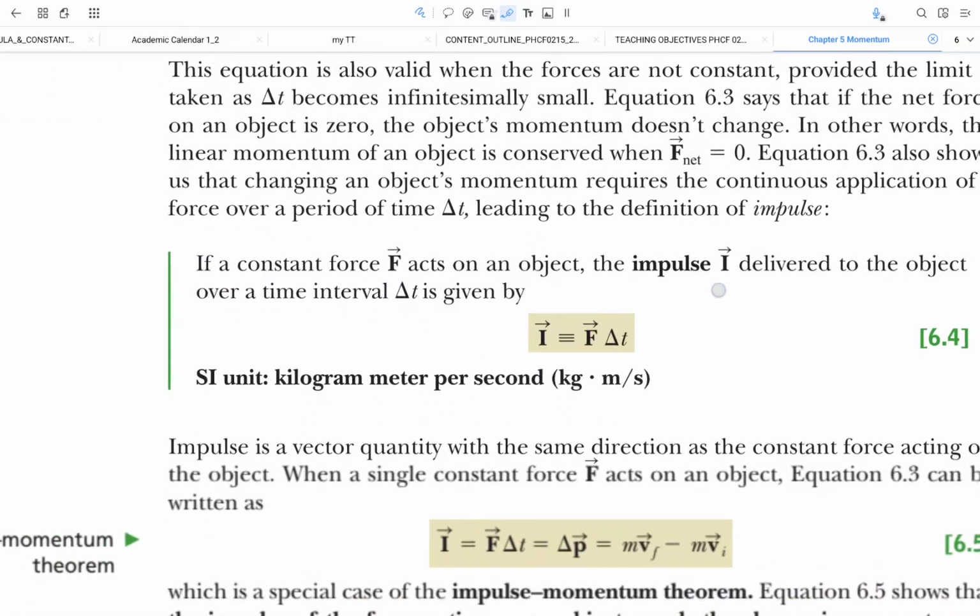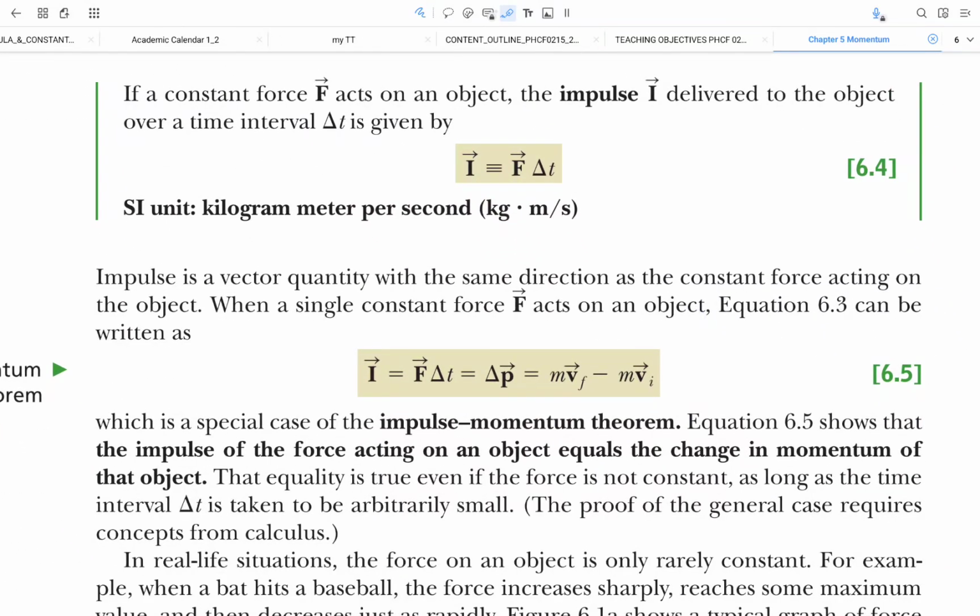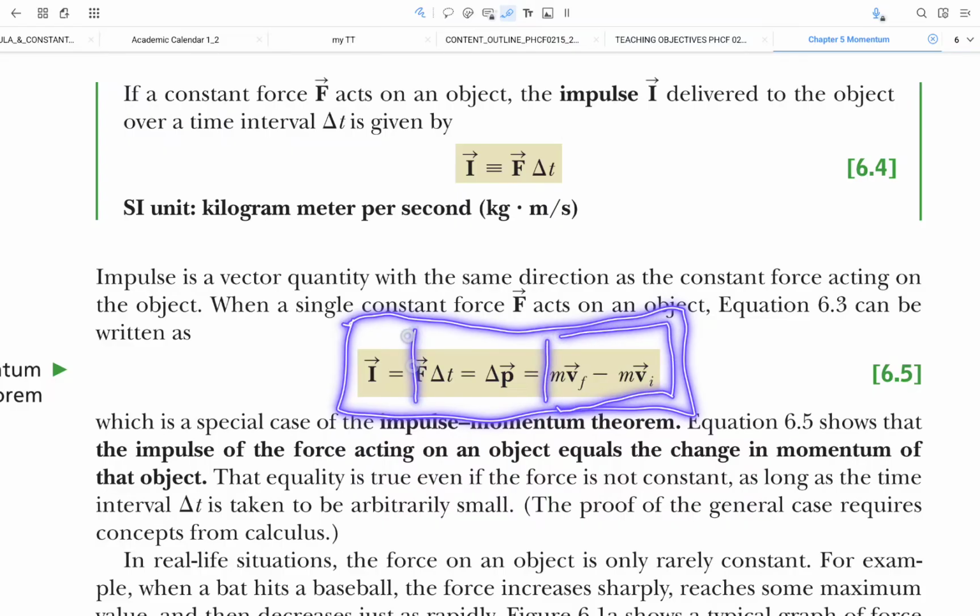So this expression shows that the change in momentum is equivalent to force times delta t. And force times delta t gets us to a second concept, and our next one now is the definition of impulse.